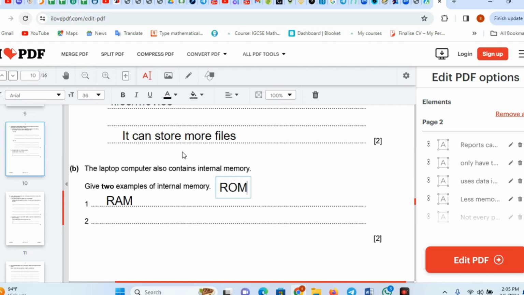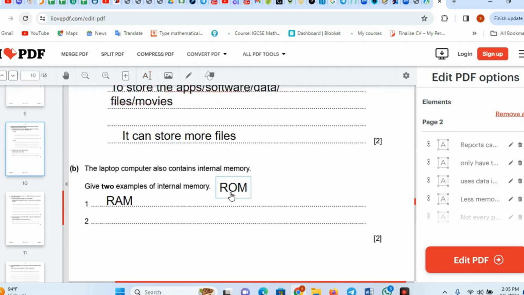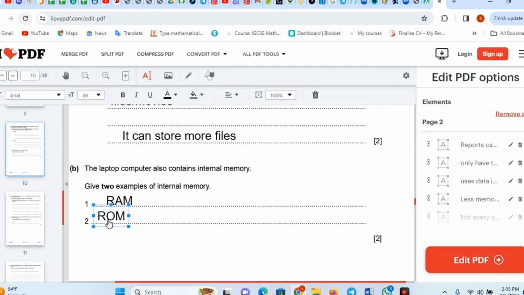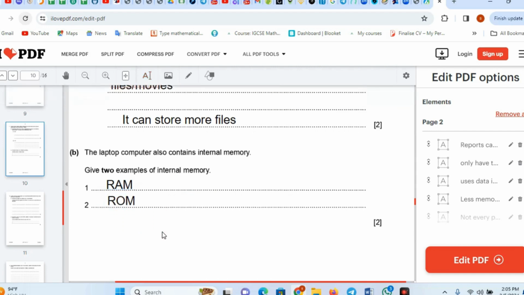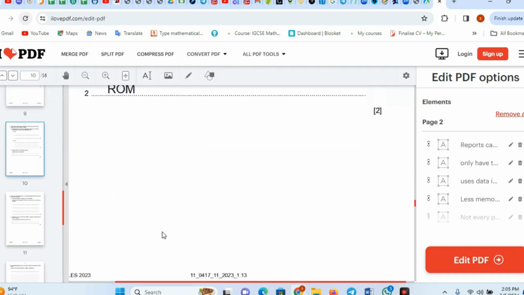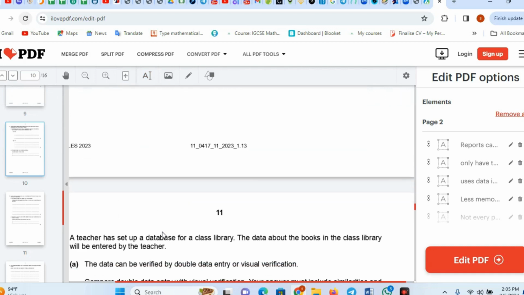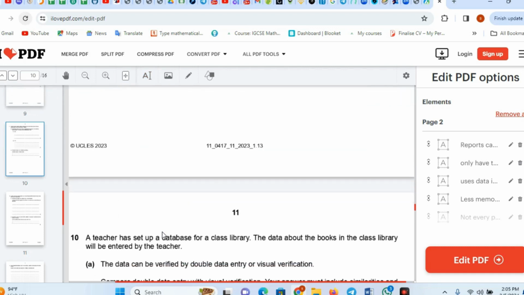Then we move to the last question for today, question number 10. All right, let's proceed. This question says, a teacher has set up a database for a class library.